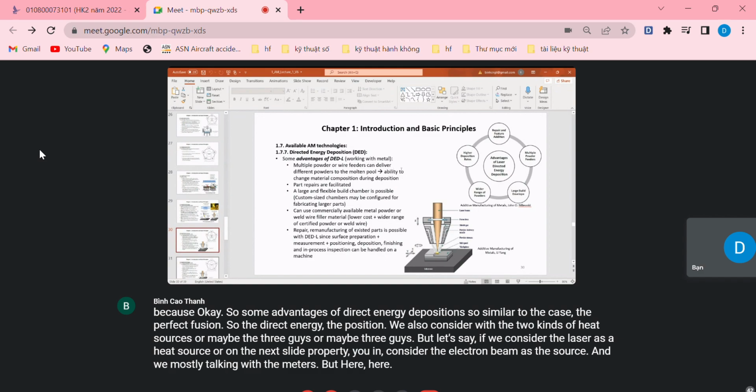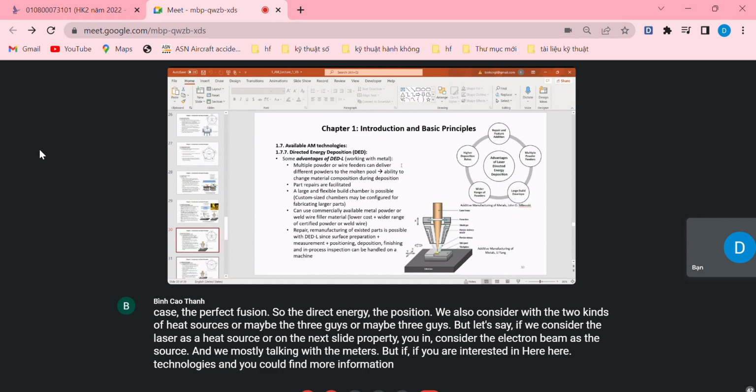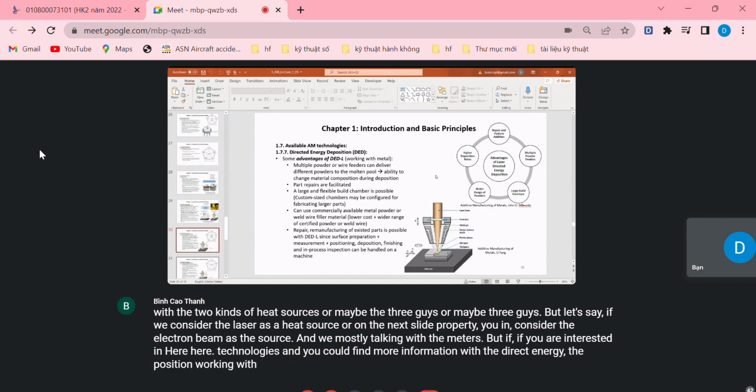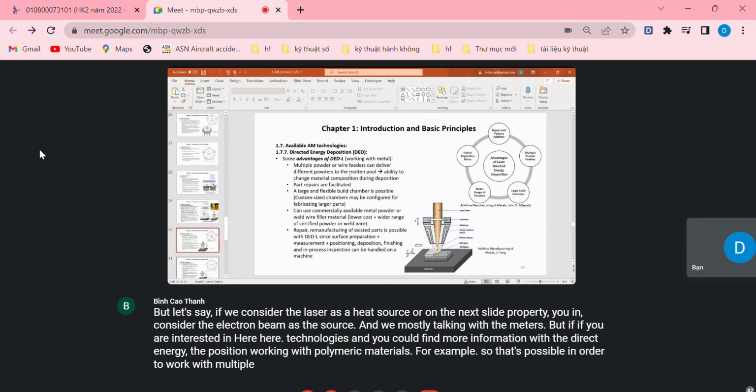But if you are interested, you could find more information about direct energy deposition working with polymeric materials, for example. It's possible to work with multiple powders or wire feeders.